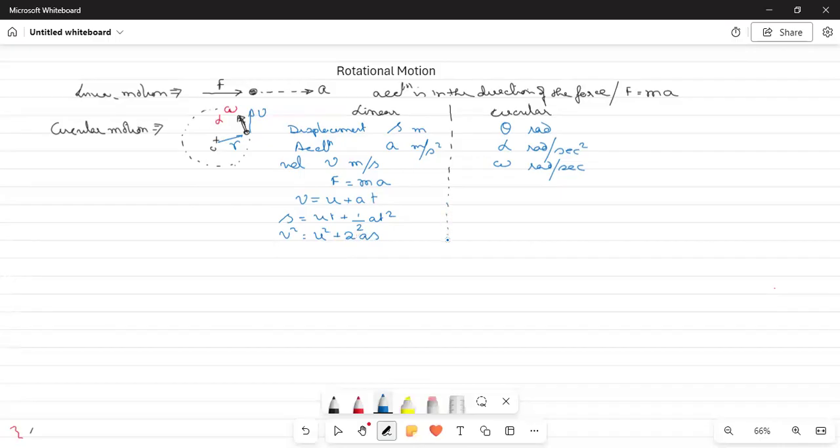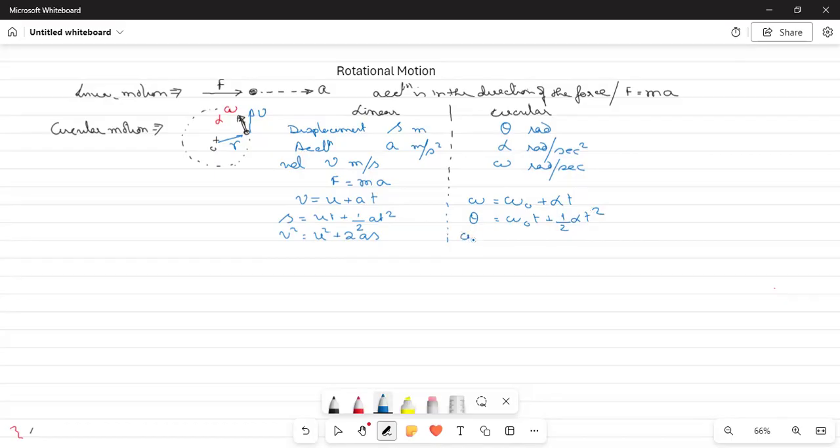There are analogous equations in circular motion, where v is replaced by omega. Omega is equal to omega 0 plus alpha into t. Here, omega 0 or omega naught is the initial angular velocity, alpha is the angular acceleration, and t is time. Similarly, total angular displacement theta is equal to omega 0 t plus half alpha t square.